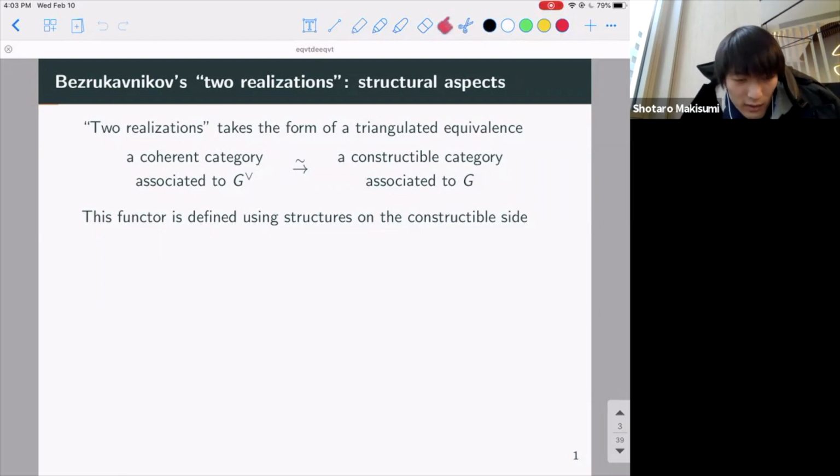It's a categorification of the anti-spherical module. Also, it's not unreasonable to expect that other proofs of the two realization results will appear in the near future, which are maybe more elementary.